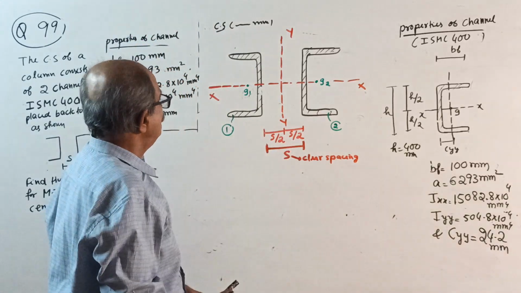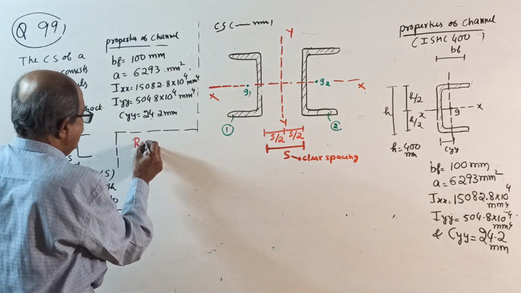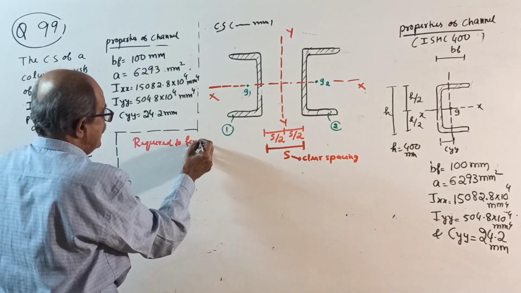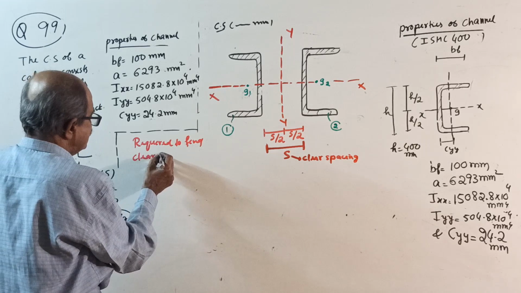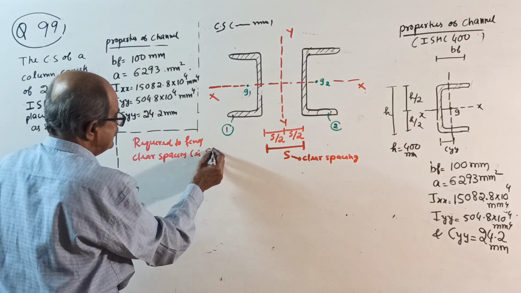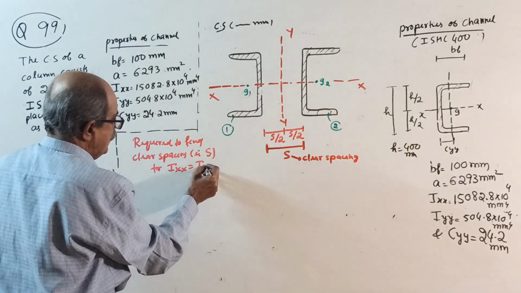That is the distance. We are required to find the clear spacing S for IXX equal to IYY.